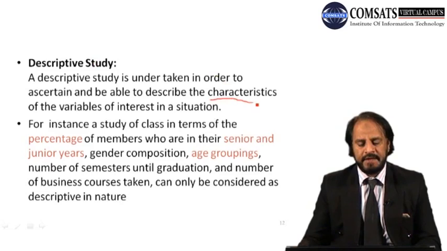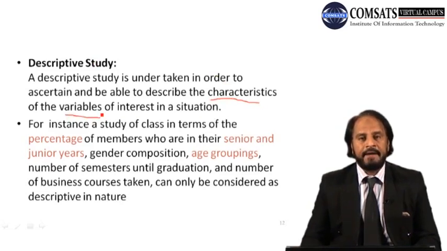If we understand the phenomenon, such as the nature of managerial work, we understand what a manager is. And now the next thing we want to do is describe the characteristics of the variable.